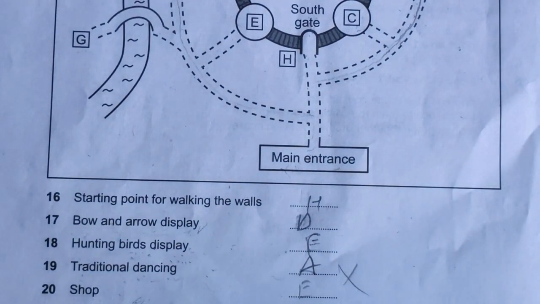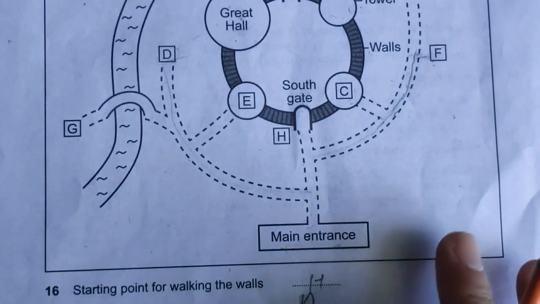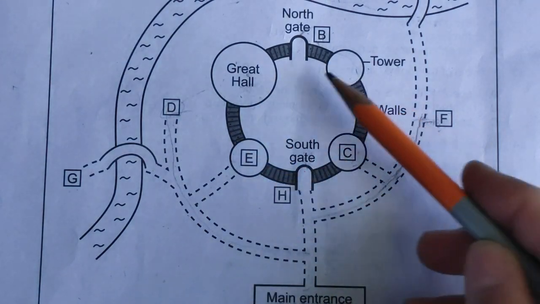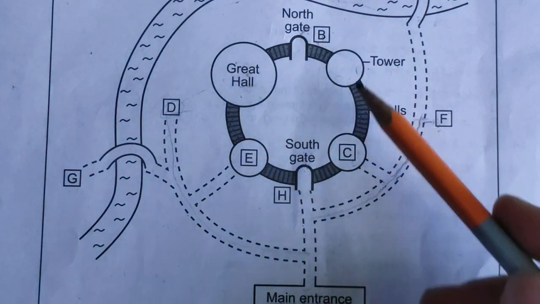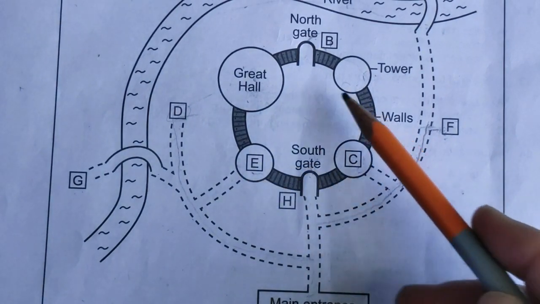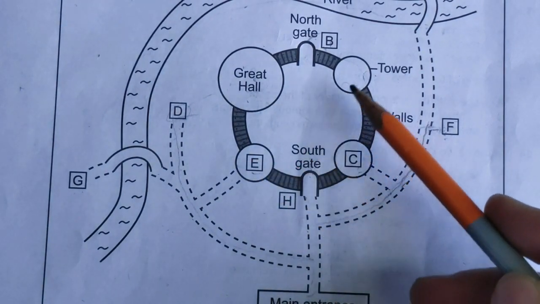Now for the shop, what the writer said about it. And finally the shop, it's actually inside one of the towers. There are 4 towers, and in the beginning the speaker explained everything about the towers in the castle.